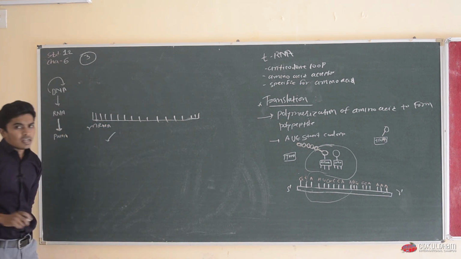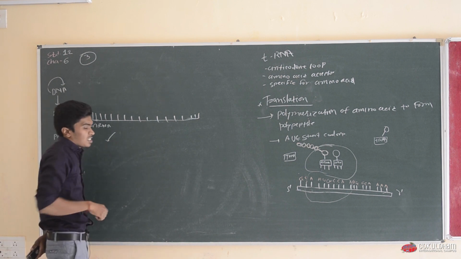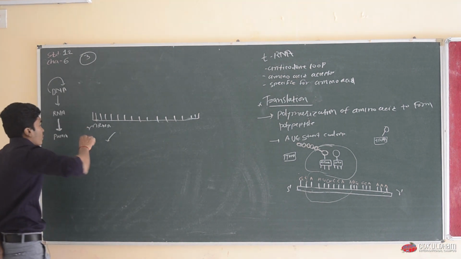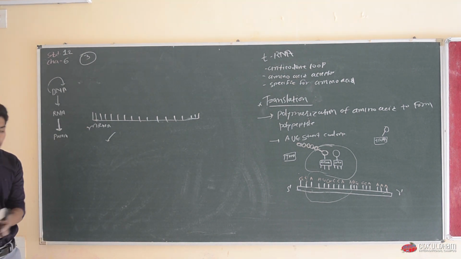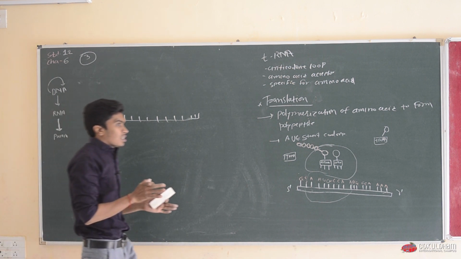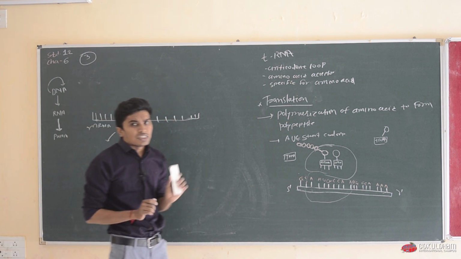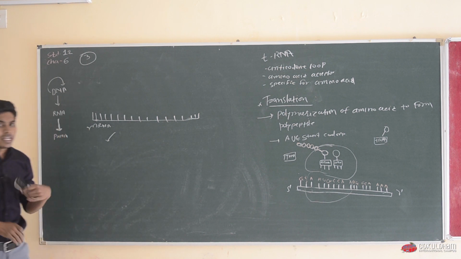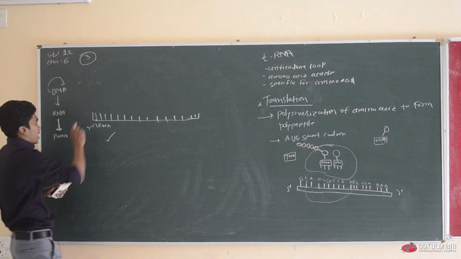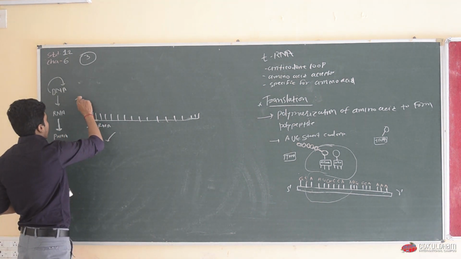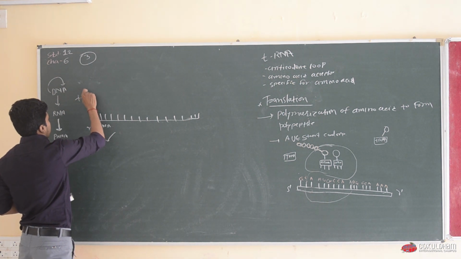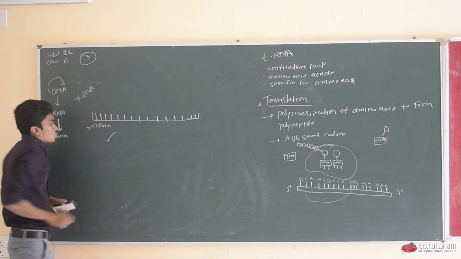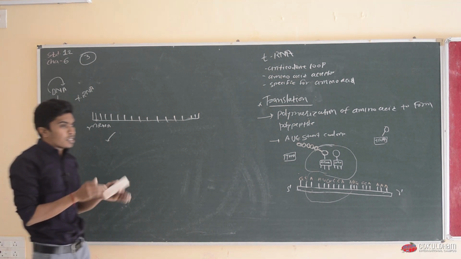We know that protein is synthesized by the ribosome, so between the ribosome and mRNA there is one adapter molecule present, and that adapter molecule was later found to be tRNA. So tRNA is known as the adapter molecule.